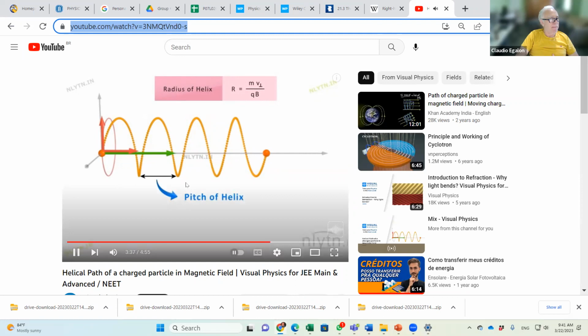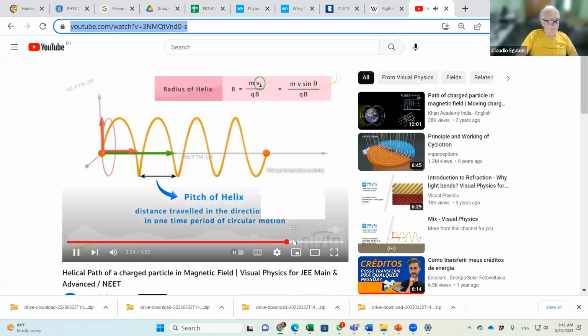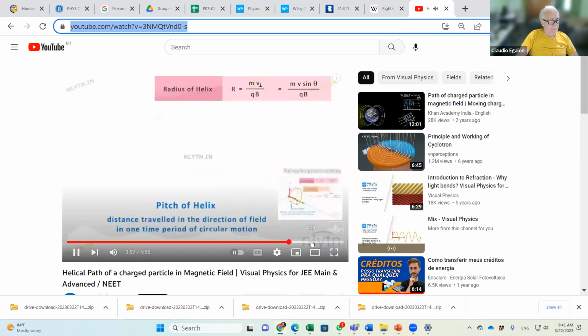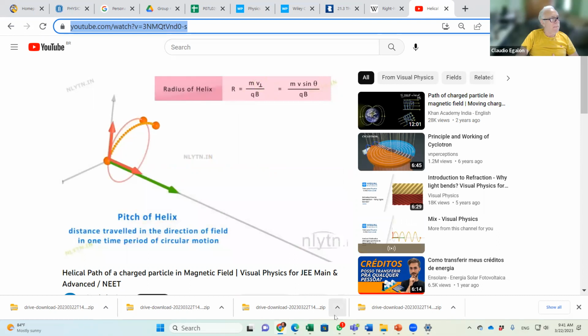The radius of the circular path depends only on the perpendicular component of velocity, and the pitch is equal to the distance traveled by the particle along the direction of the field in one time period of circular motion. That is, it is equal to this term.